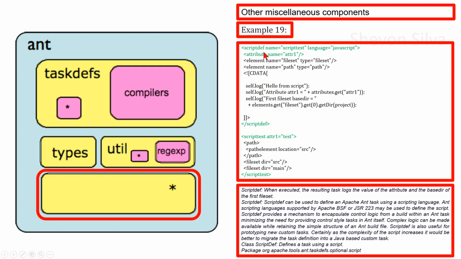Regarding API, we can consider script def. The class script def defines a task using a script. This is the package org.apache.tools.ant.taskdefs.optional.script. The following definition creates a task which supports an attribute called ATTR1 and nested elements, one being a file set and the other a path.